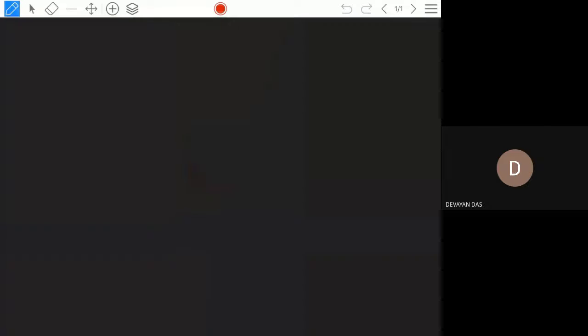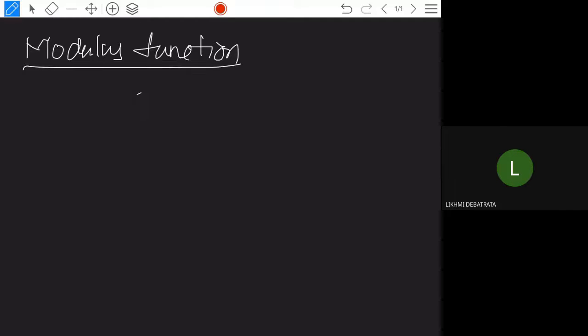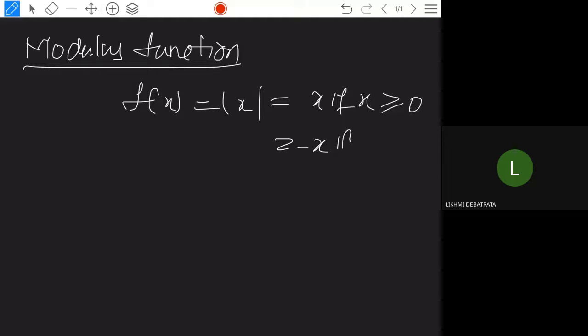See here, the modulus function. Now we are going to see the modulus function. Is it visible to you now? Yes, sir. So f of x is usually written as mod x, but this can also be written in another way: x if x is greater than or equal to 0, or minus x if x is less than 0.